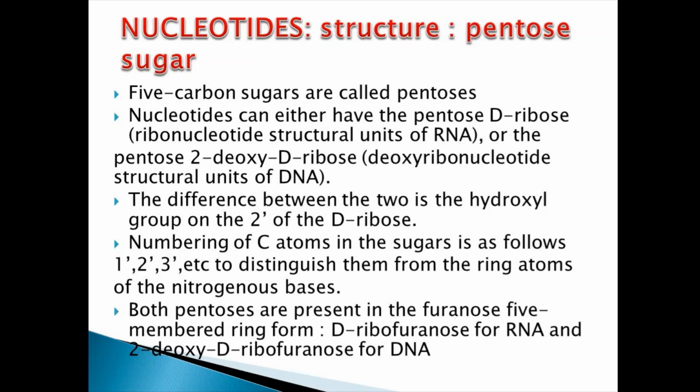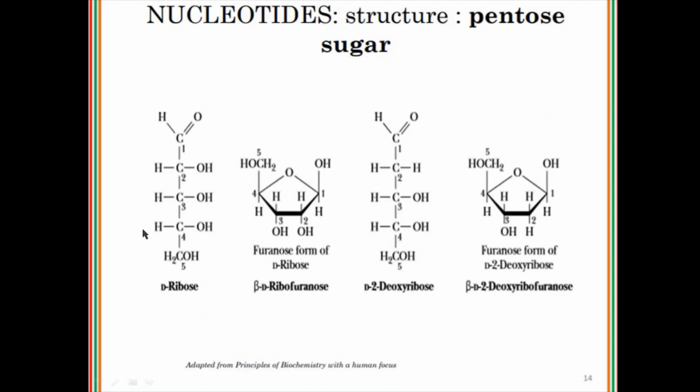If they contain deoxyribose sugar, they are DNA. This is a ribose sugar. This is a Fischer projection of your ribose sugar, and this is your ring structure, also known as your Haworth conformation, in the furanose form. And then this is your Fischer projection of your deoxyribose sugar, and this is its Haworth projection.